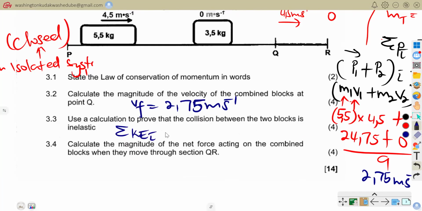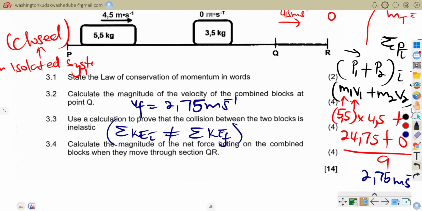Our total kinetic energy before is not equal to the total kinetic energy after. That is what we simply need to prove, because for elastic collisions, kinetic energy is conserved, but for inelastic collisions, kinetic energy is not conserved.